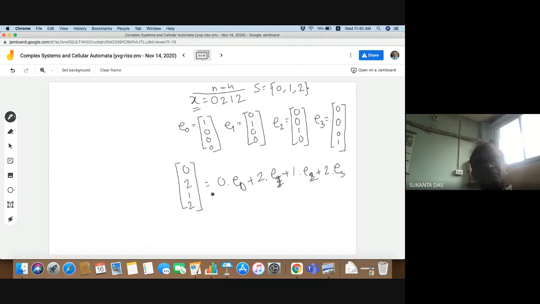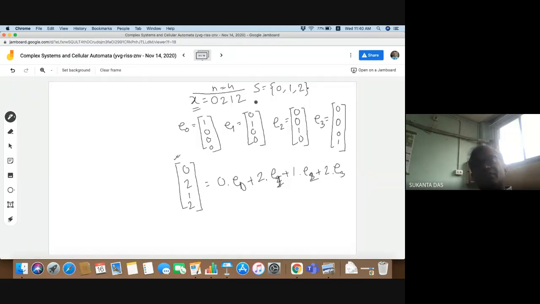So I want to mention that if I consider any configuration which is considered as a vector, that can be expressed in this way.